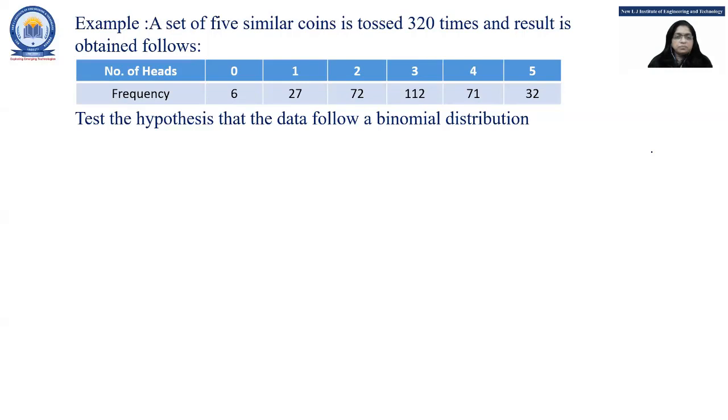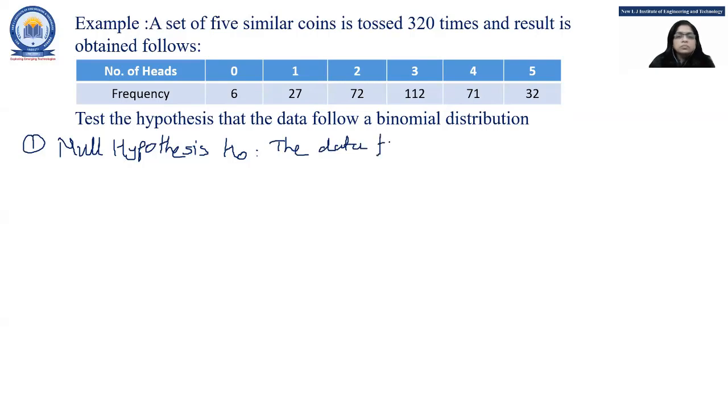Here, our null hypothesis, number 1, null hypothesis H naught, that is the data follow a binomial distribution.